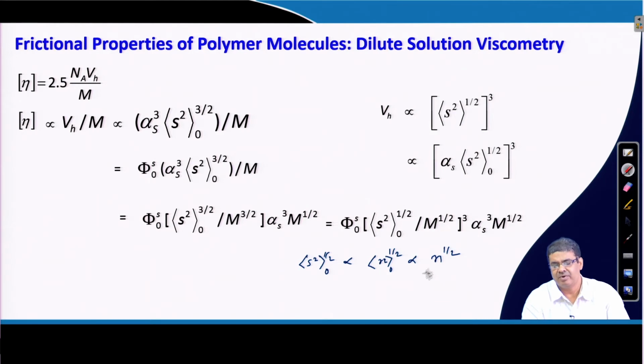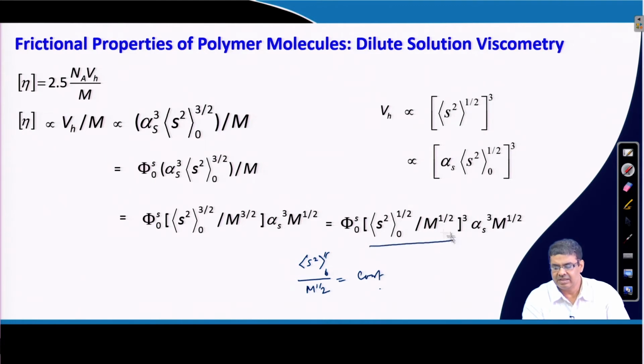N is the number of bonds, which is proportional to the molecular weight to the power half. Which means if we divide this by M to the power half, this would be a constant term.